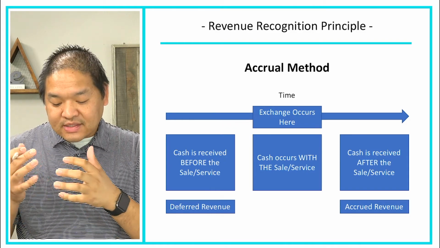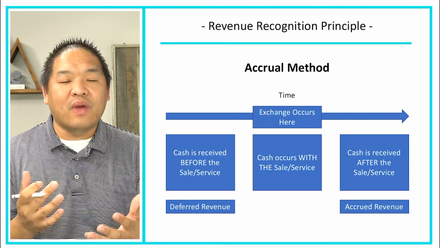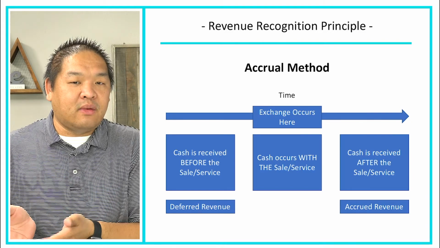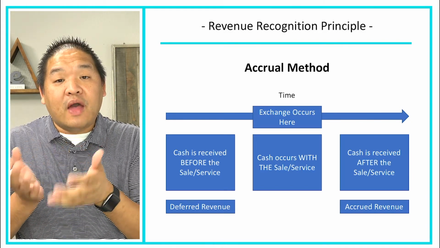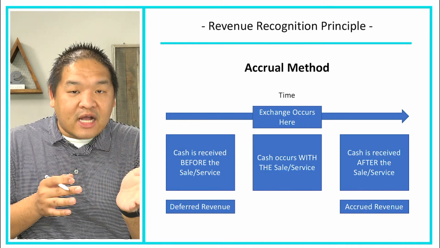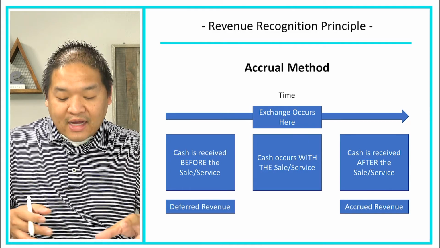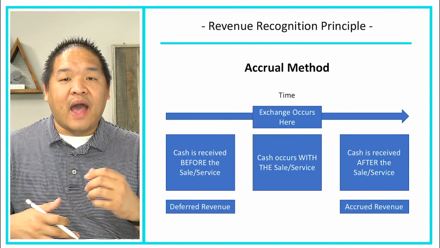We're accruing the revenue now. We've earned the revenue. We just haven't been paid yet, right? So we'll get paid at some point. So we will book the revenue, but then we'll book an accounts receivable instead of cash because we haven't received the cash. That's the third scenario that cash can impact the revenue cycle.